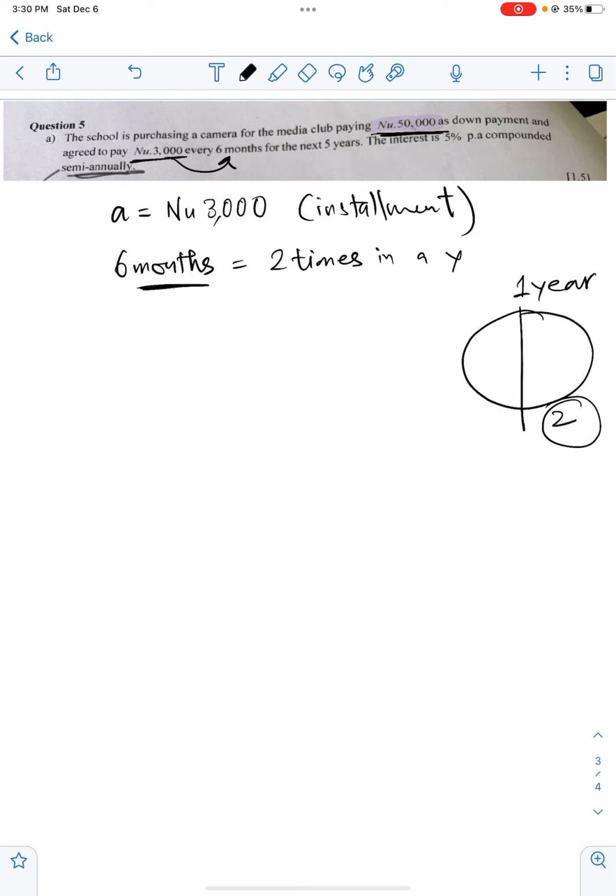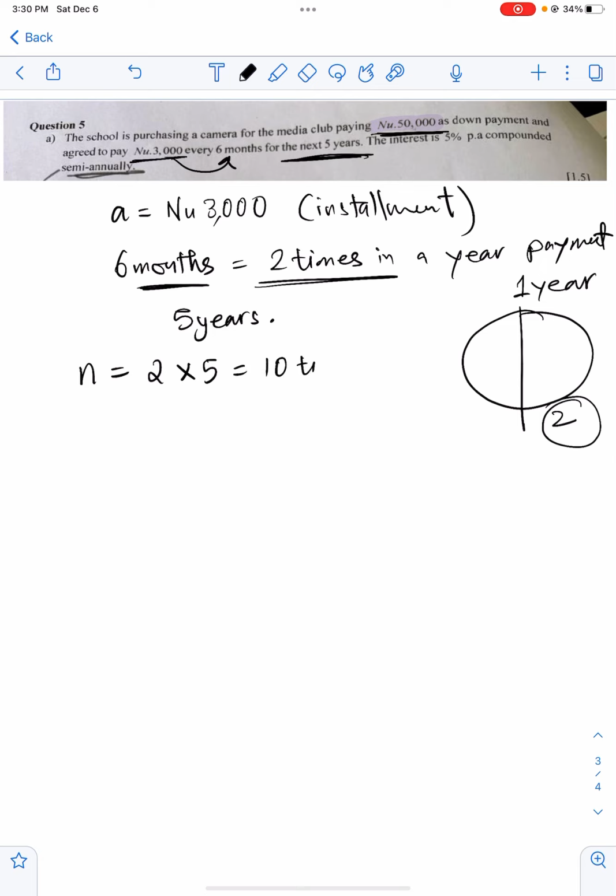Then for the next 5 years, this goes on till 5 years. So how many times are they paying? In 1 year 2 times, and it's for 5 years, so which means 10 times they are paying.